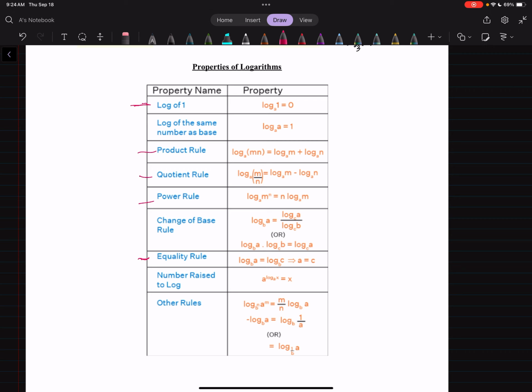You have to know the equality rule. Now, sometimes we'll have the number raised to a log rule, but that one will be viewed less often than the other ones in pink. You need to know them all, but you need to really understand those ones that I put a tick mark by.